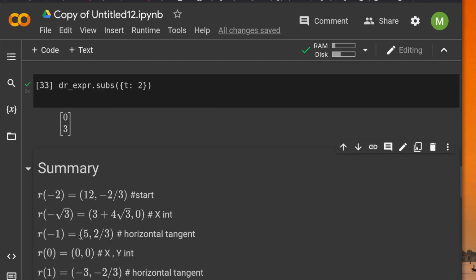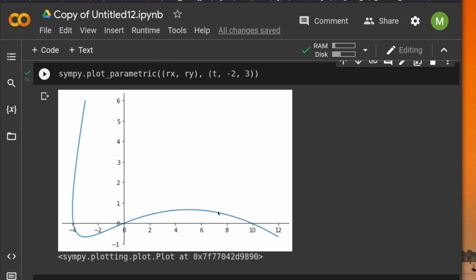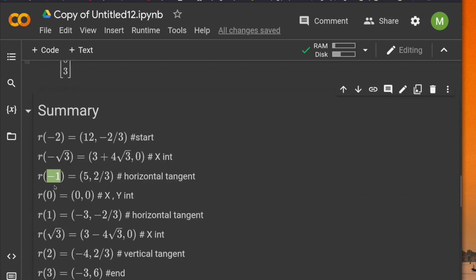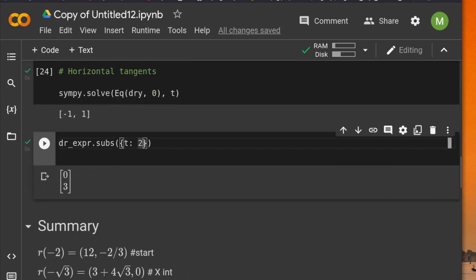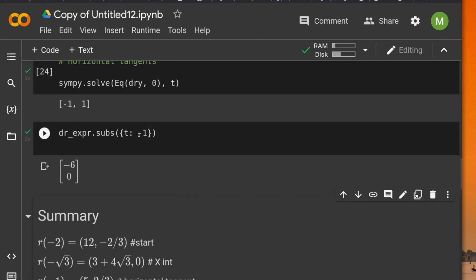Okay, then the next point happens when the parameter is equal to -1, and that is a horizontal tangent. There we see the horizontal tangent. And if you think about what the tangent vector was here, maybe let's work that out. If we work out the derivative of our vector function at -1, the tangent vector has components -6, 0.